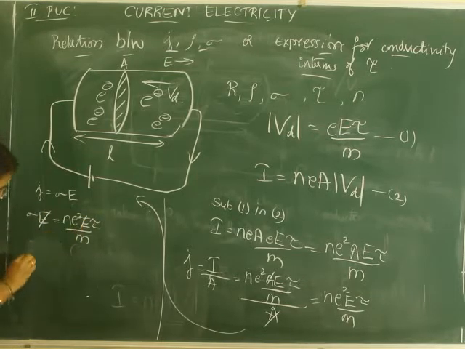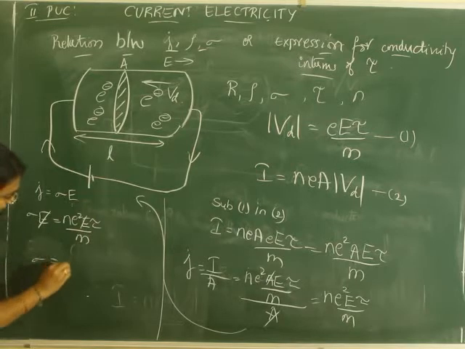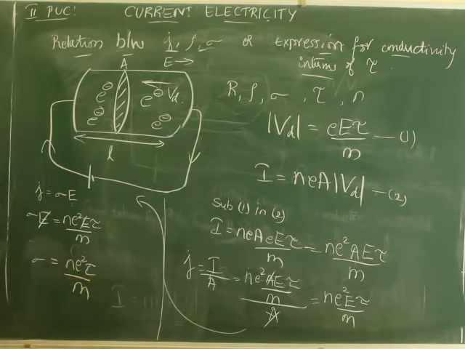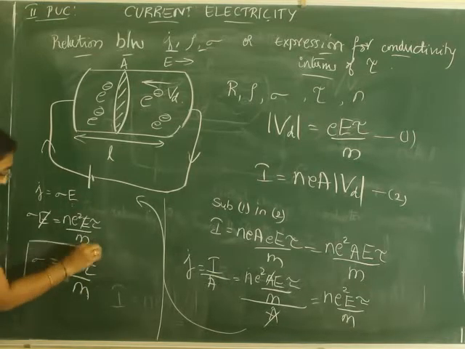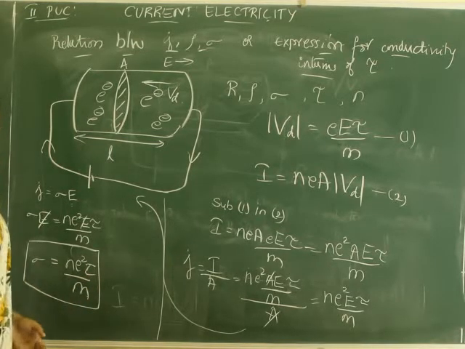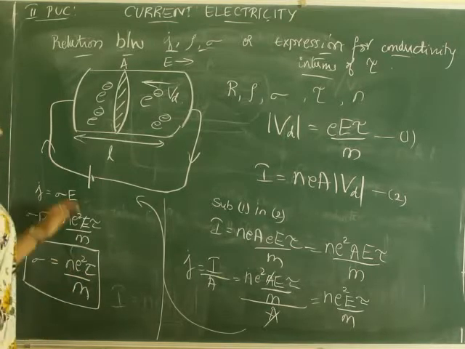E gets cancelled. Sigma = ne^2 tau/m. This is the relation for conductivity in terms of relaxation time. Understood?